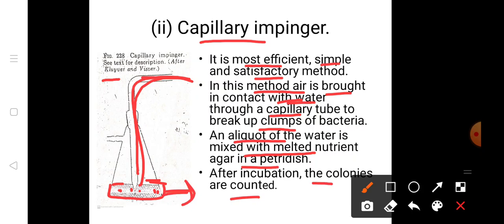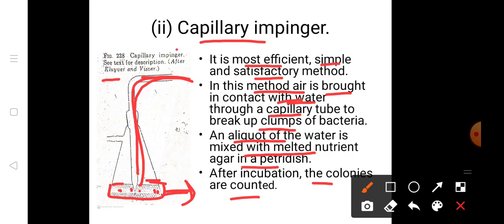So the first method is impingement in the liquid. In it, we have studied two methods. First is the Lemon sampler device, and the second is the capillary impinger. In the Lemon sampler, 20 ml of broth is filled, and from that broth we take aliquots and count the colonies.